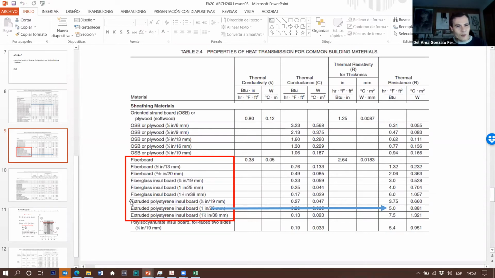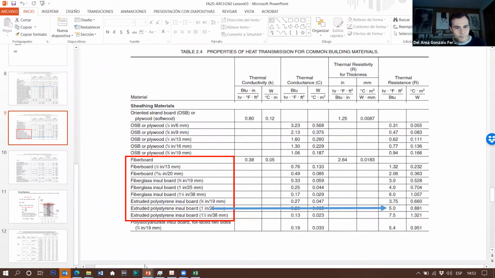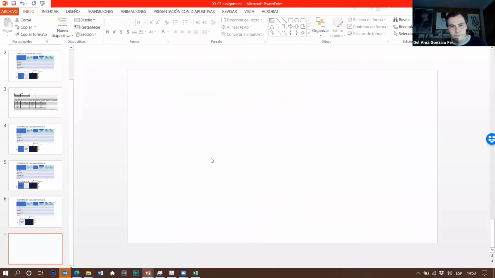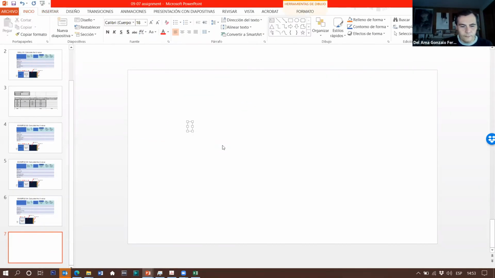Because today we're going to use that, and we are going to talk about thermal loads.